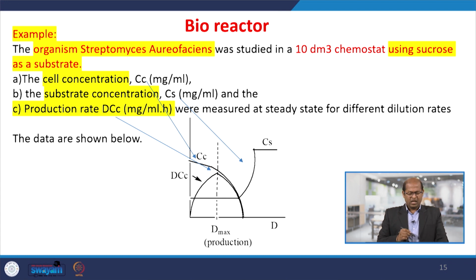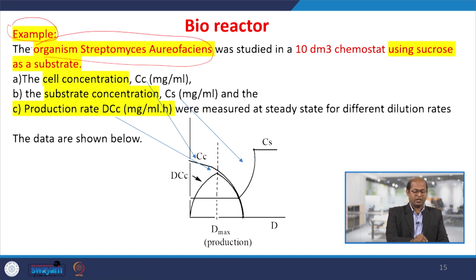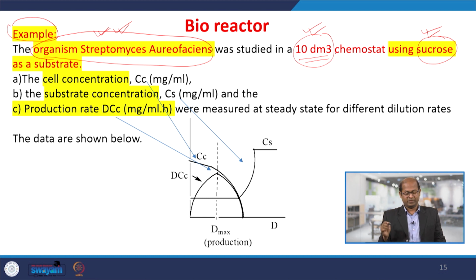So, there may be many examples of this type of bioreaction. Here the microorganisms we can use for a particular reaction, with sucrose as the substrate, go into a chemostat or reactor volume. So, this is the substrate and this is the cell, and we conduct the reaction in a reactor having volume 10 dm cube.